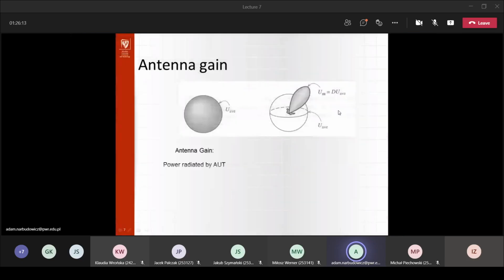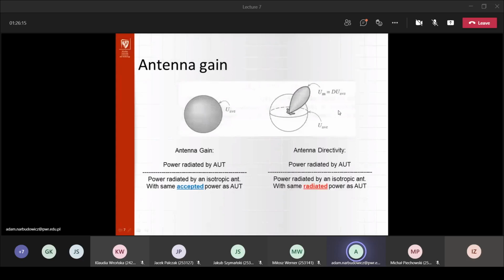Usually in this lecture we will use antenna gain, but let's dig more specifically into this problem. When we define the antenna gain, we are using what's called the power accepted by the antenna under test.